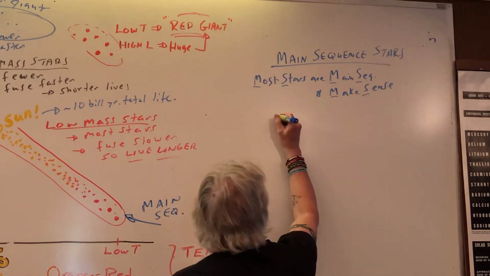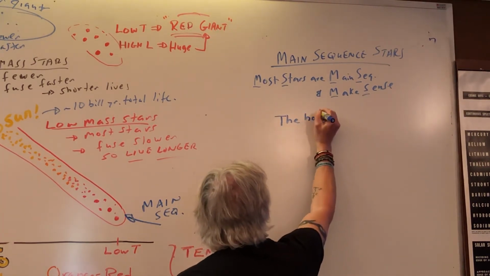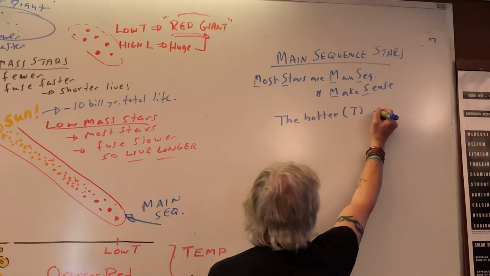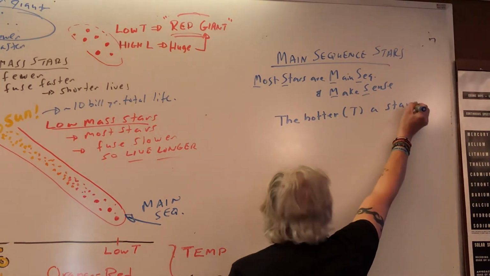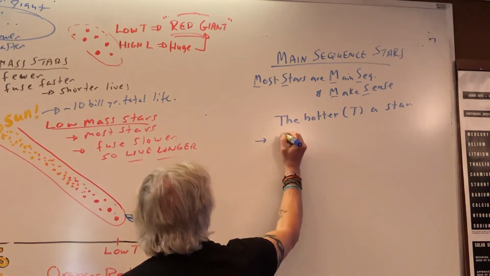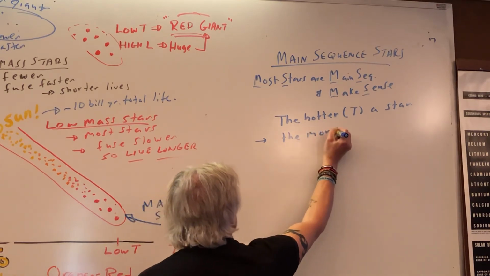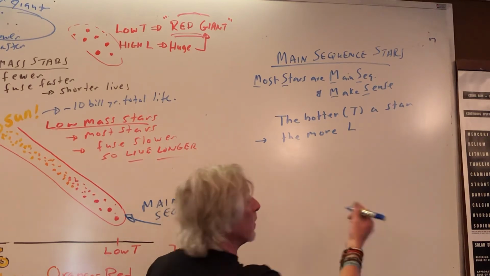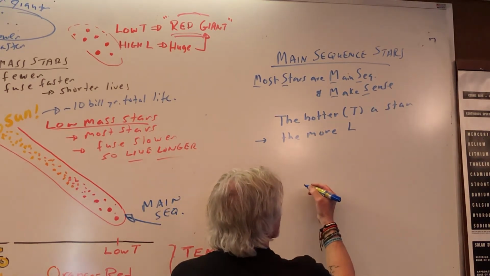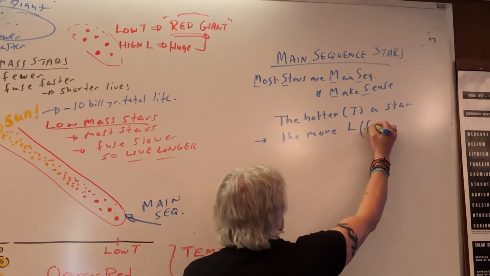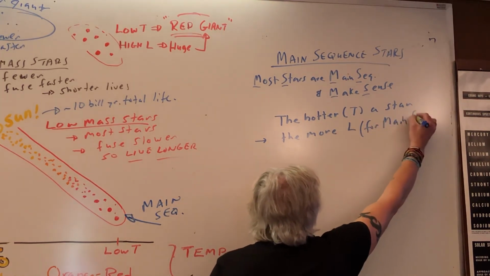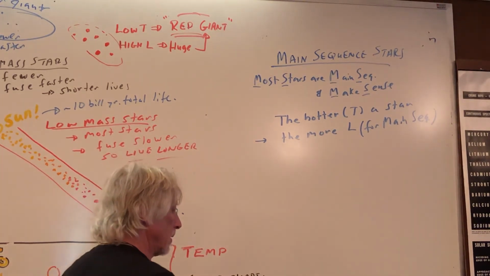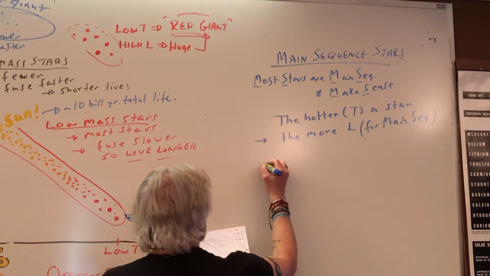Well, we said the hotter the temperature of a star, the more luminosity. But it's not always true, right? But it's true for main sequence because these make sense, right? And main sequence stars are this.